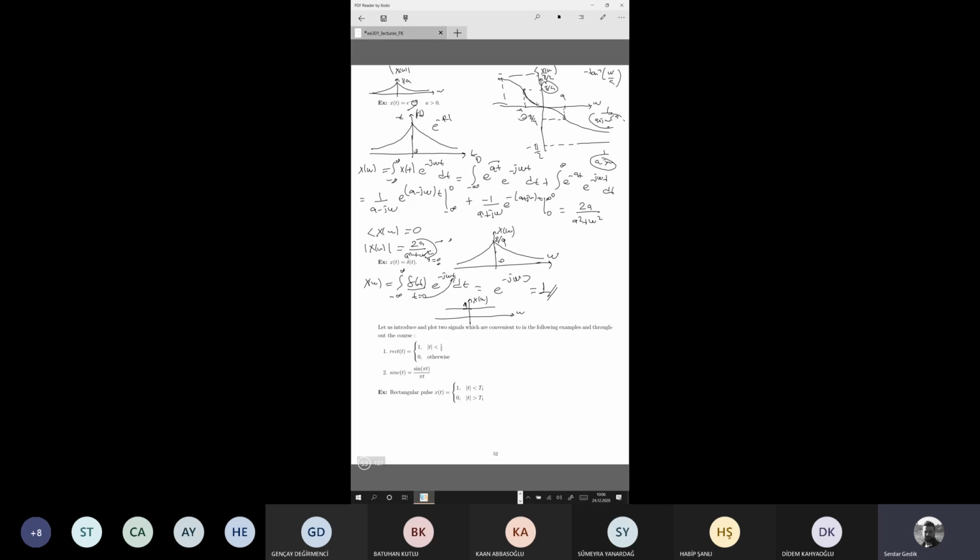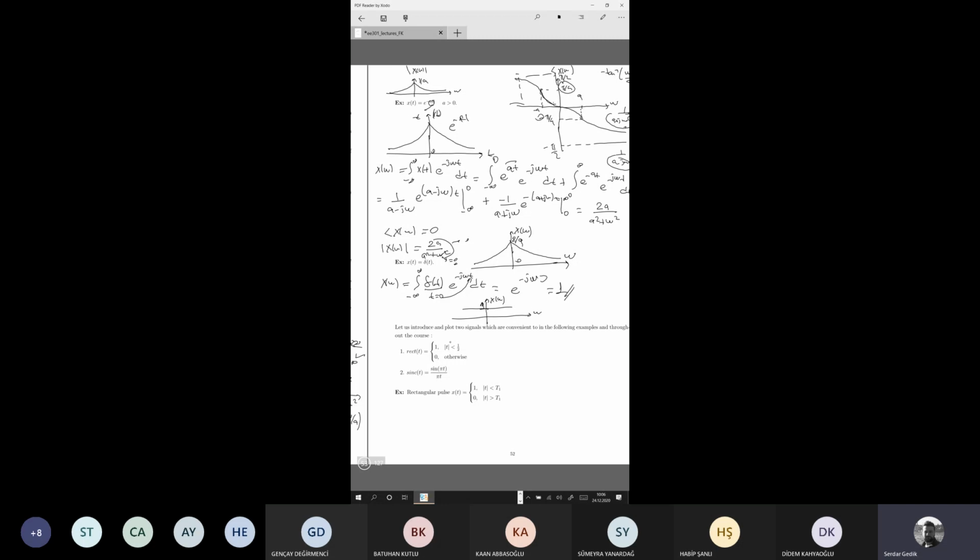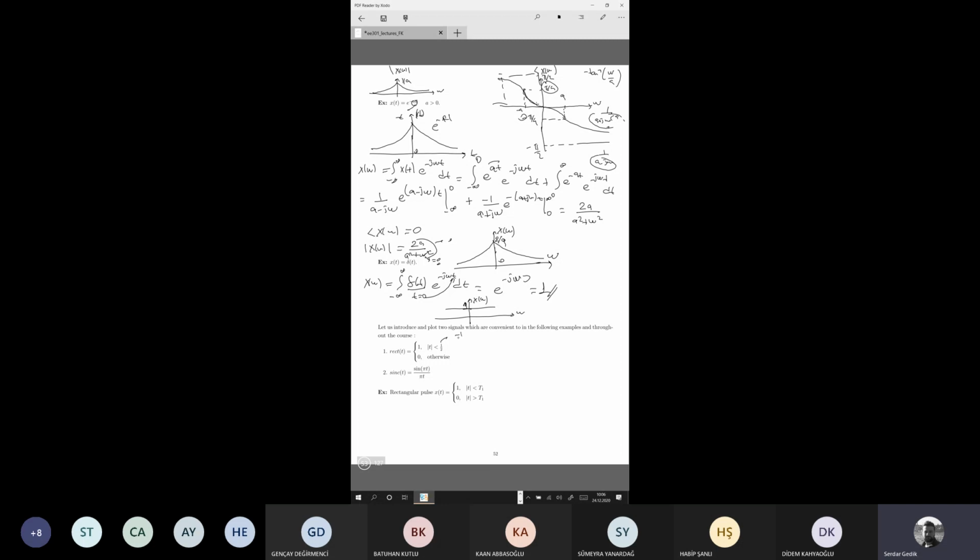Let me try to write this in this form. It is minus 1 over 2 smaller than t smaller than 1 over 2. So if you plot this rect(t), it is simply this.